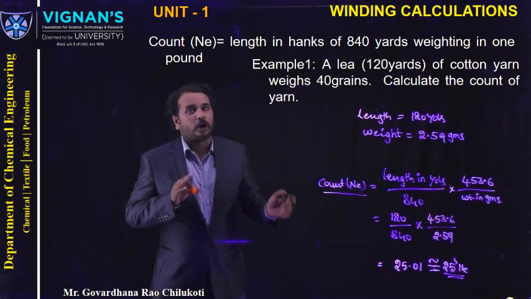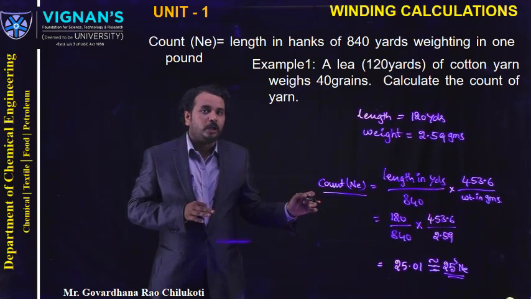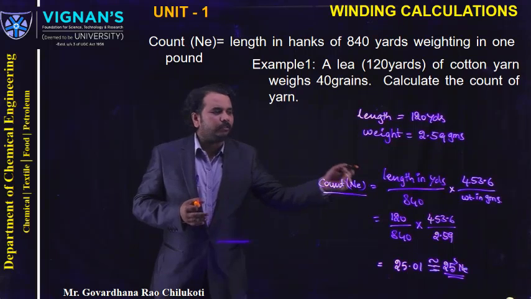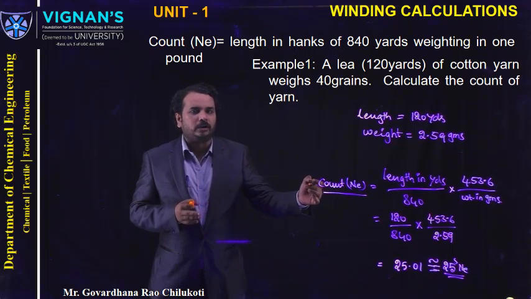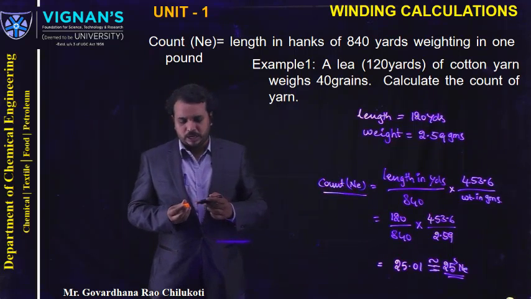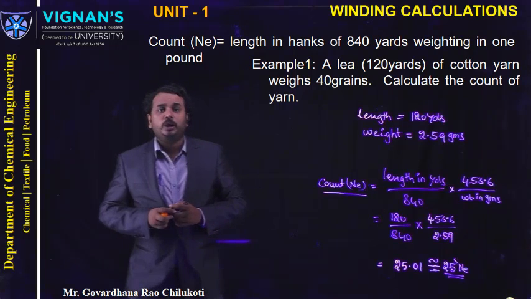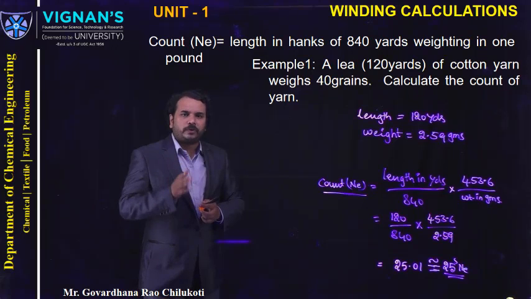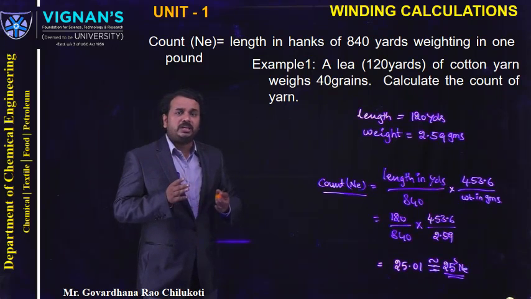If the count is given and the weight is given, how can we calculate the length? Or if the length and Ne count are given, how can we calculate the weight of the yarn? We will see one more example so that you can understand very easily how we can use this formula to calculate the weight, length and count of yarn.